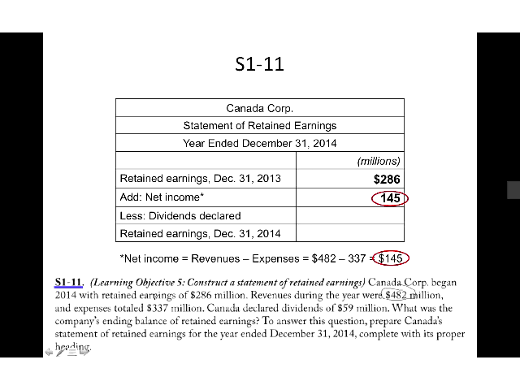And it's telling us expenses were 337. So we're going to take the 482, subtract the 337, and we get 145. So that's how we're getting net income. So when you do this homework problem, before you even get to finish the statement, you need to calculate what net income is. So you're taking those revenues minus your expenses, it gives you 145.